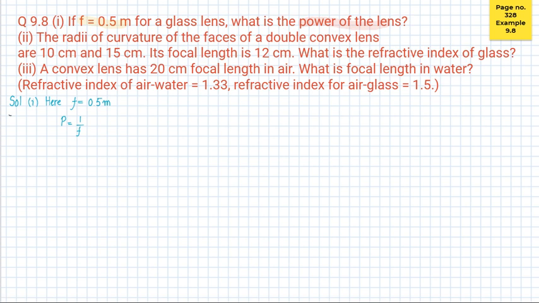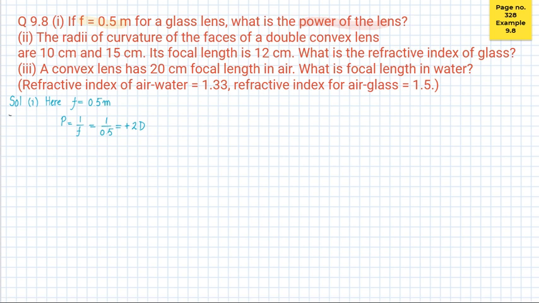So I'll write 1 upon 0.5. 1 upon 0.5 equals 2. And what is the sign? Positive. What is the SI unit? Diopter. So the power of the given convex lens is 2 diopter. So this is the first part.